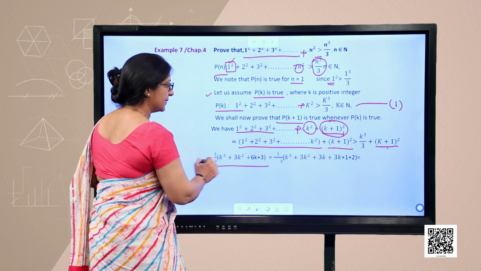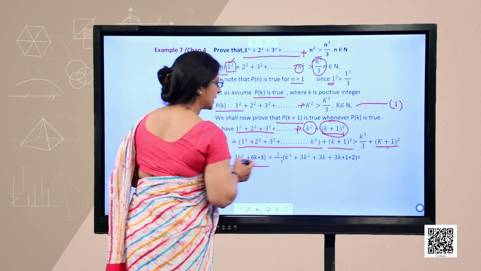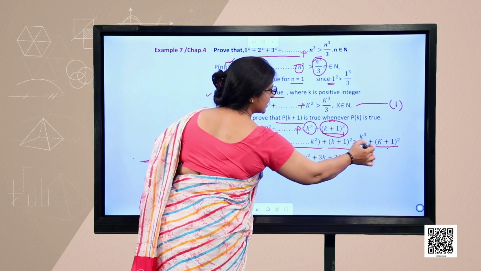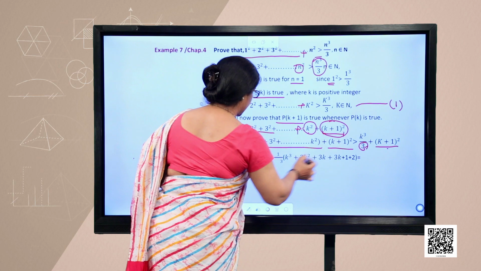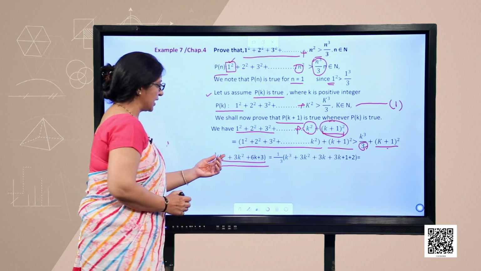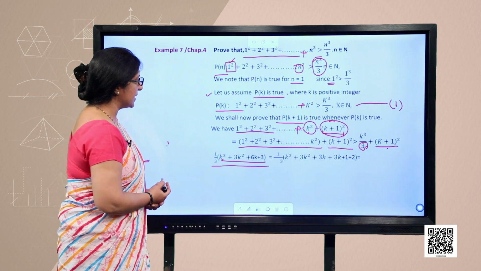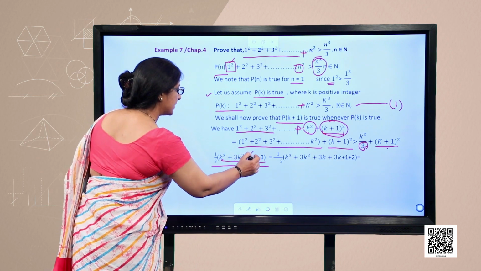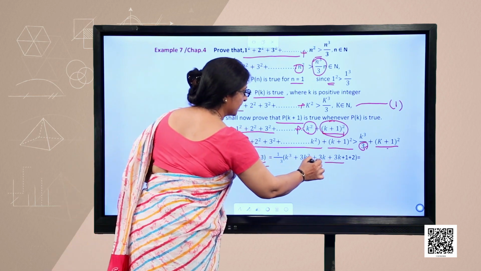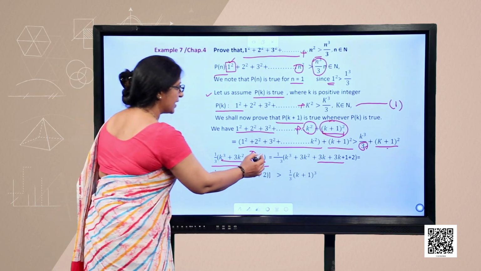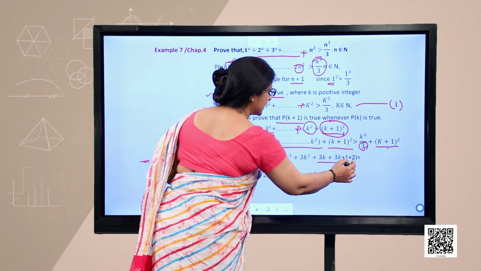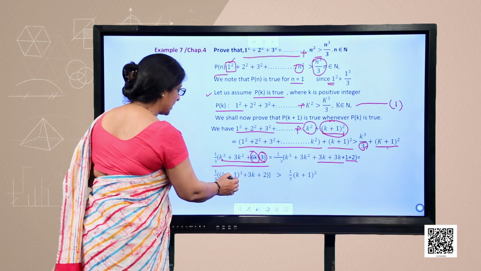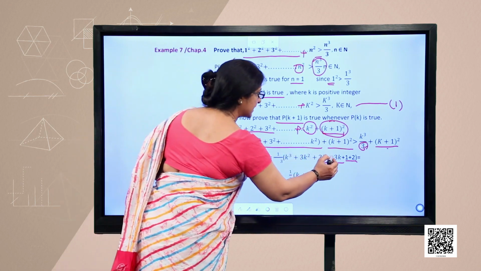you can see here we will open k plus 1 whole square, and with 3 taken as LCM multiplied by k, we get this expression k cube plus 3k square plus 6k plus 3, which is equal to, now what we have done is we have split this 6k into two parts, 3k plus 3k, and we have split this 3 into 1 plus 2, so that it becomes an expression of k plus 1 cube till these terms.